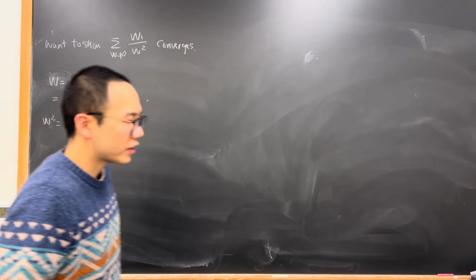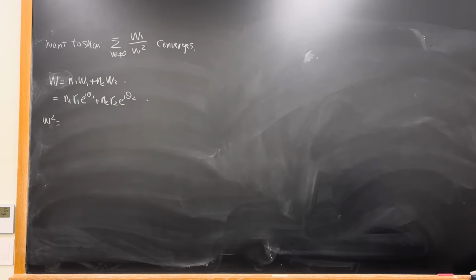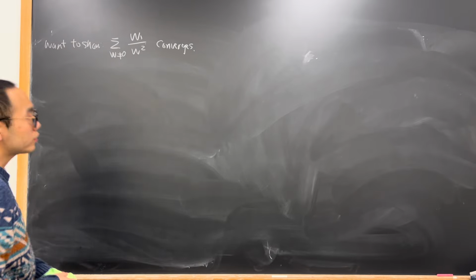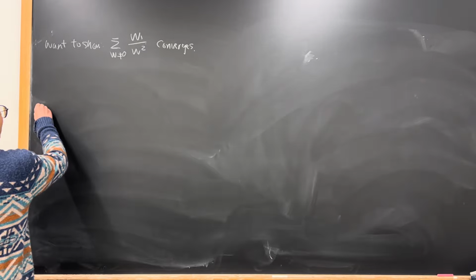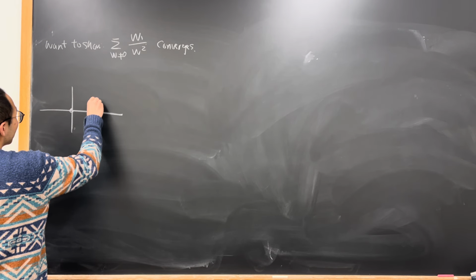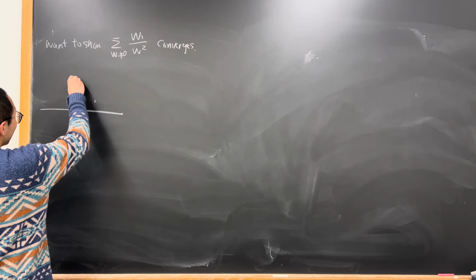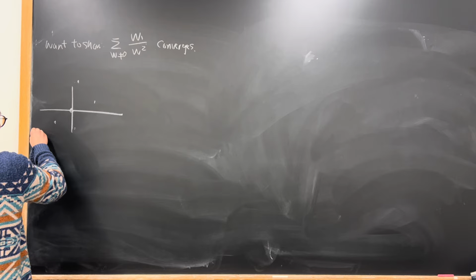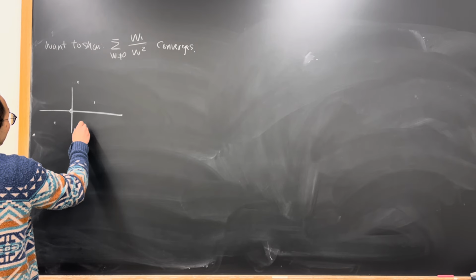Okay, so let's think about that intuitively. We know that this omega is basically a lattice point. So besides the origin, you have omega 1 and omega 2 here, and then you have these lattices.